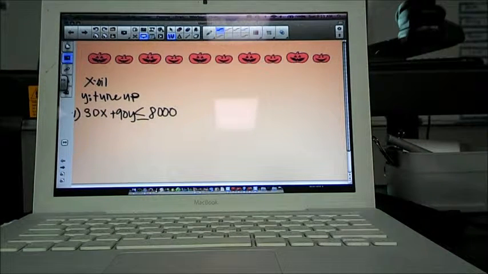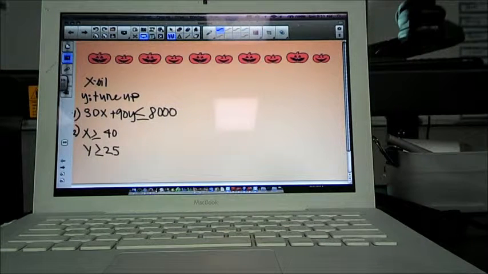Now we have to do constraint 2. So constraint 2 will be x, which is oil, is greater than or equal to 40, and y, which is tune-up, is greater than or equal to 25.